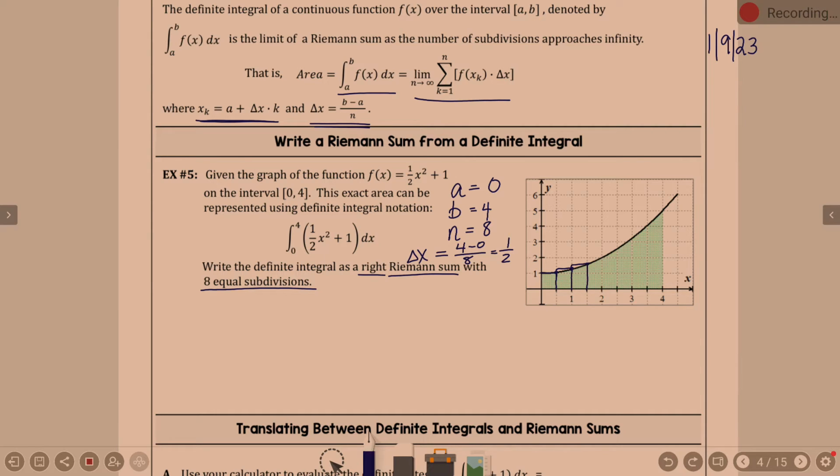And so if you draw your rectangles in here, we end up with something that looks like such. Okay. Excuse me.